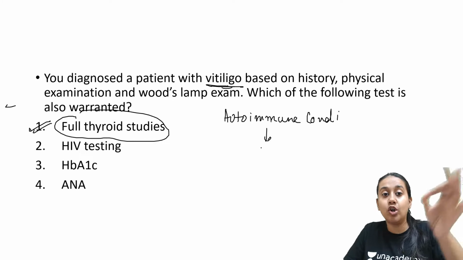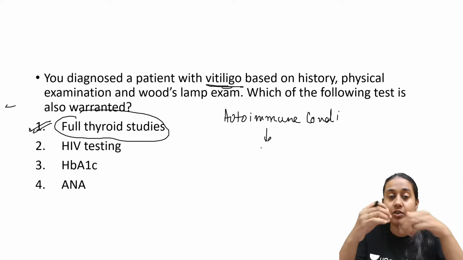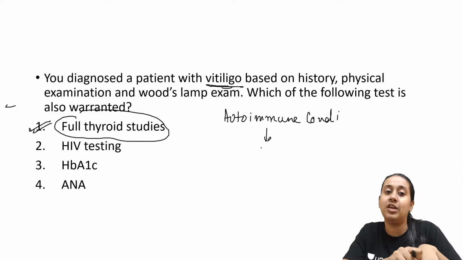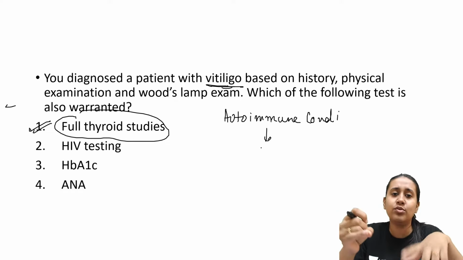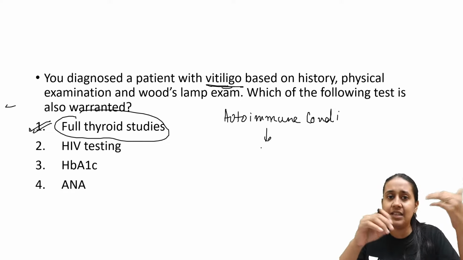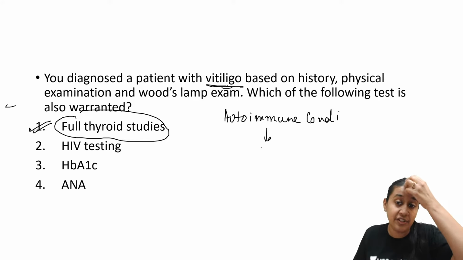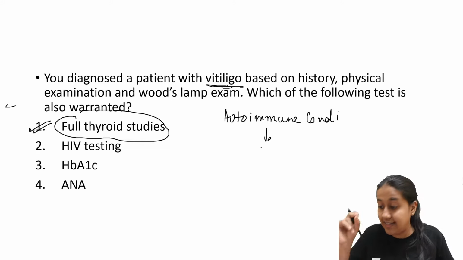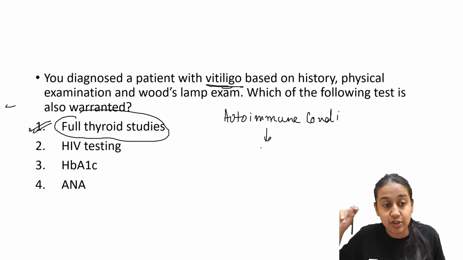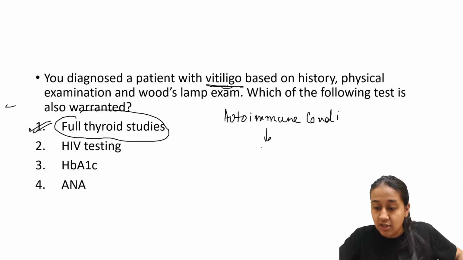Now remember that autoimmune conditions are always present together because these autoimmune cells are not specific to one particular site. They will keep on destroying the other areas also, and that is why you can see thyroid disease, blood disease, melanocytic disease all together in a single patient, and the most frequent association is with that of thyroid. That is why the next best step which you have to do is option number 1, that is full thyroid profile. Okay? So very well done.